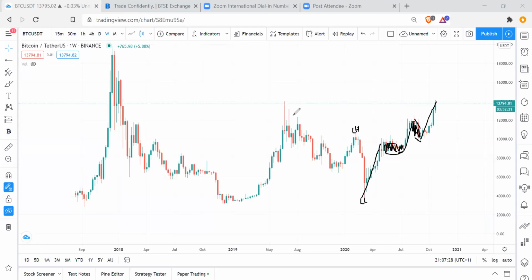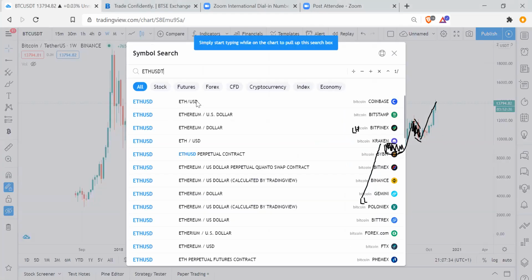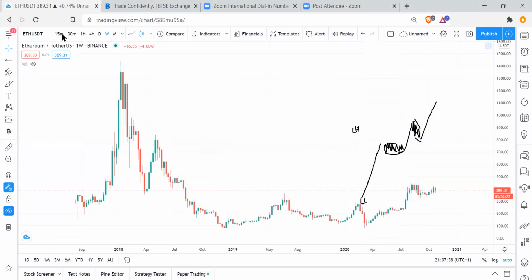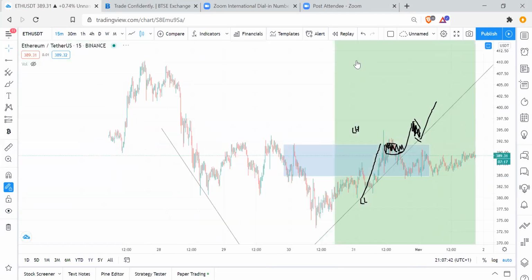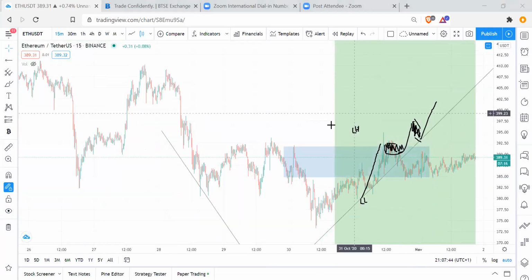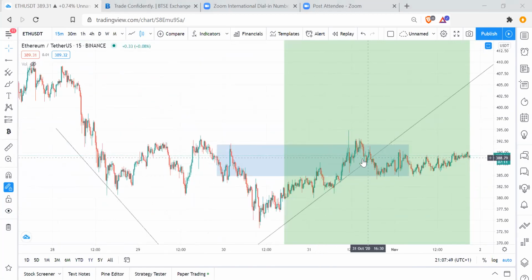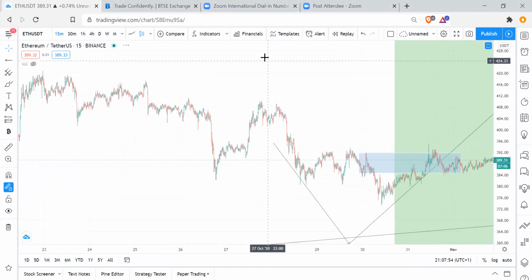Let's check that out. This is USDT. Yeah, so zoom down slightly. Call itself from around here, I think. Where is you? Yes, from around here.